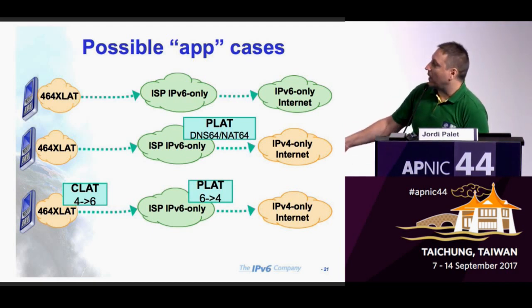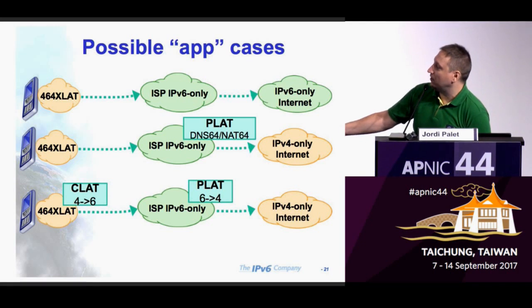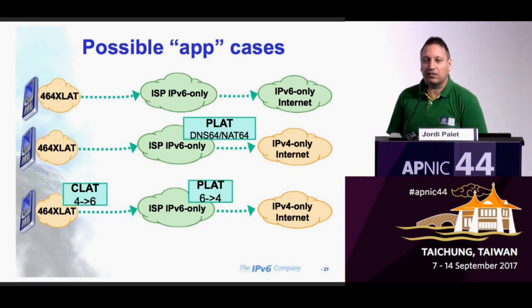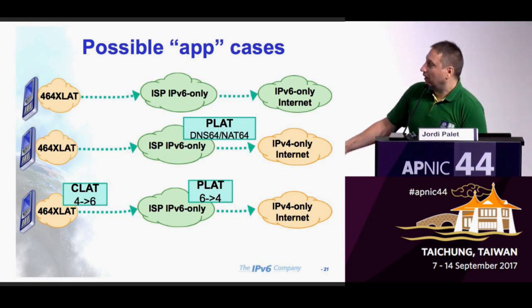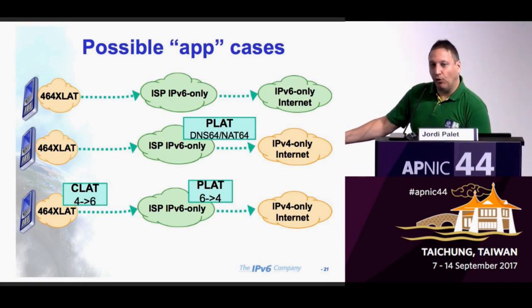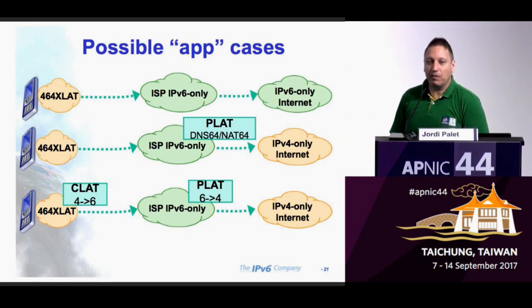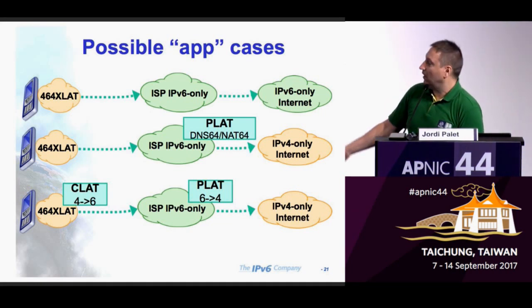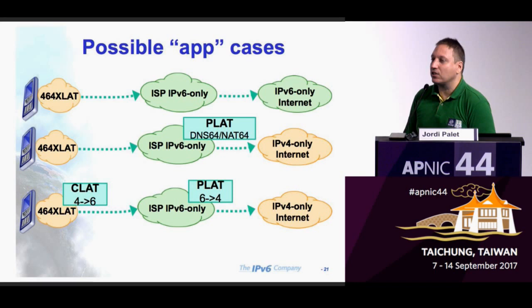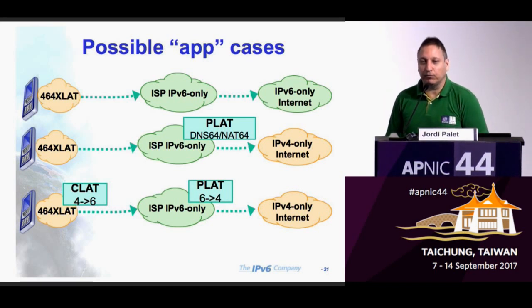So when the operating system here detects that instead of DNS, there are literal addresses, it will do a translation from 4 to 6. So that literal address can traverse the IPv6 only network of the ISP, and at the edge, get translated again to IPv4.